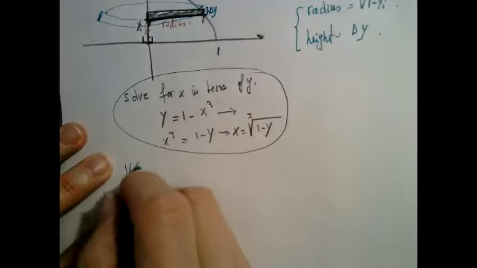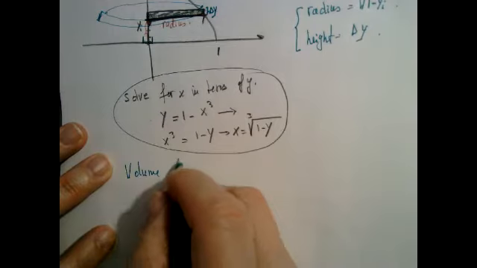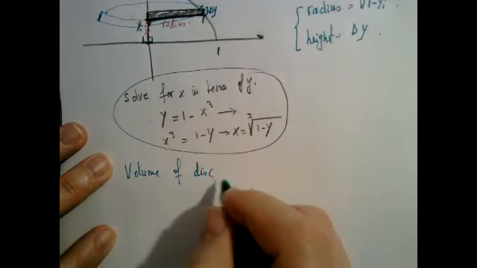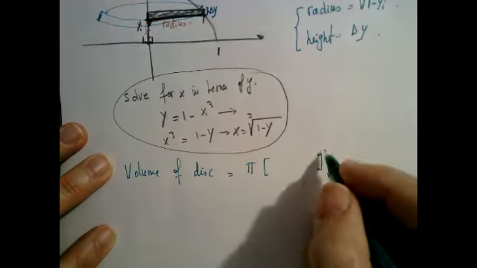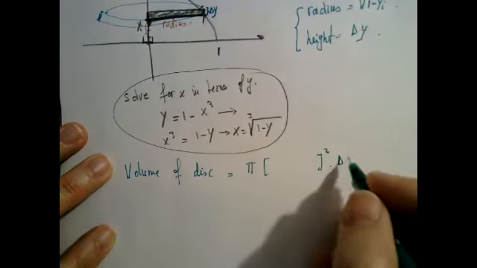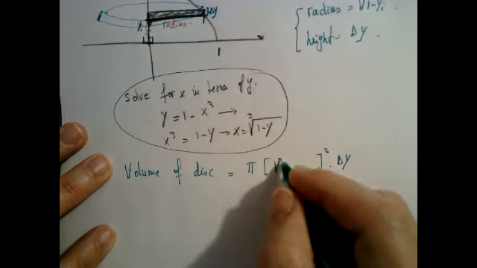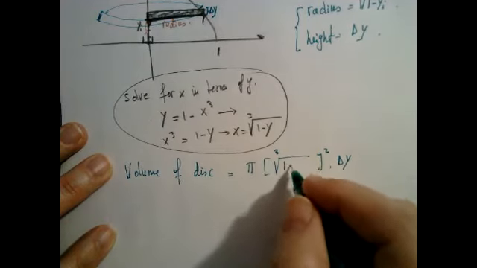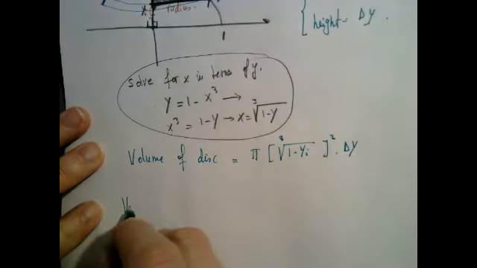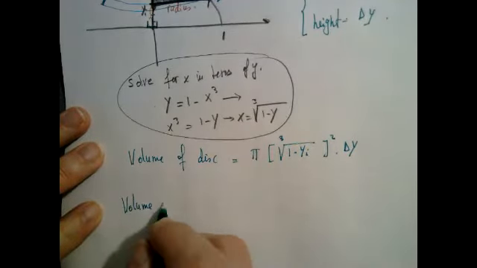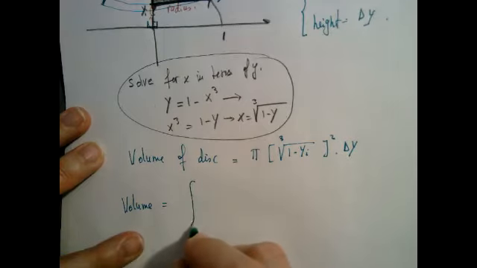Volume of a disk is pi times the radius squared times the little height. And here the radius is the cubic root of 1 minus yi. Now the total volume is the integral.